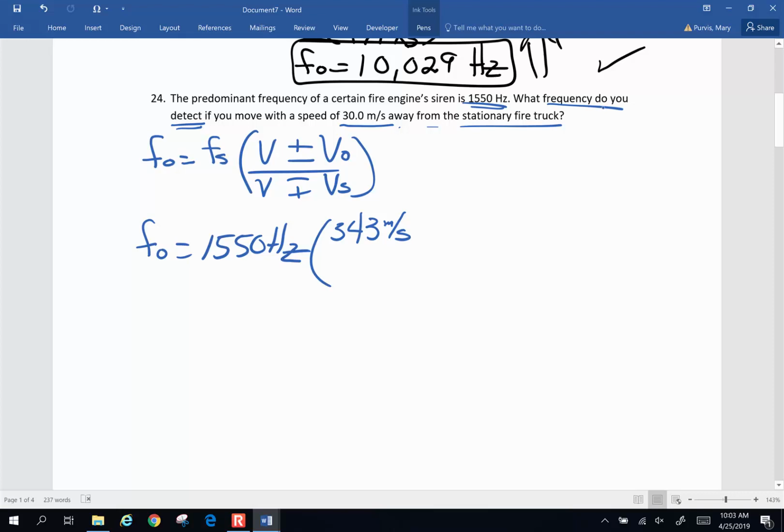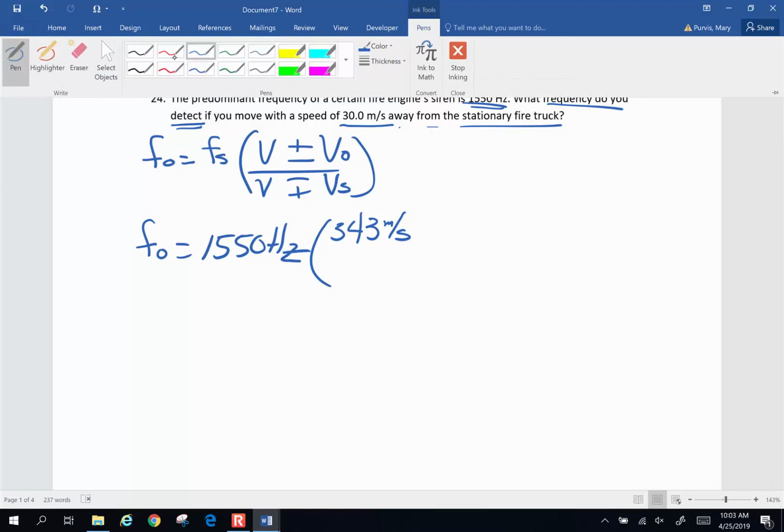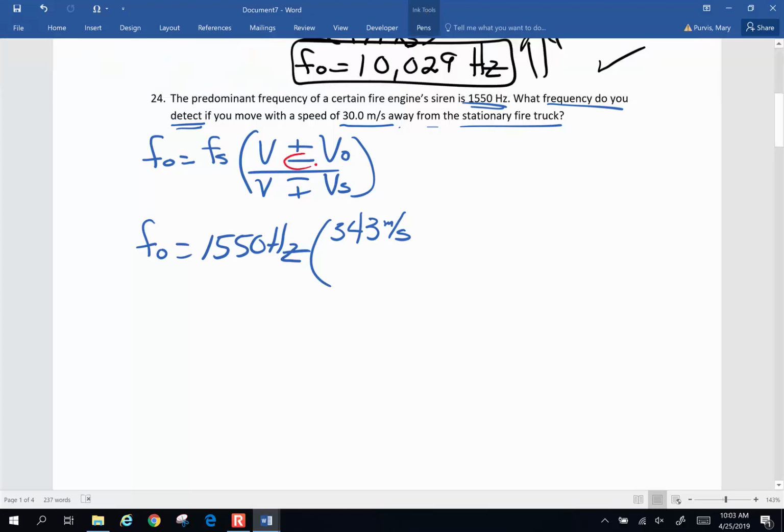Now, what frequency do you detect if you move with a speed away from the stationary fire truck? Because this is an away situation, you use the bottom set, so this is going to be a minus on the top and a plus on the bottom. The velocity of the observer is 30 meters per second away.